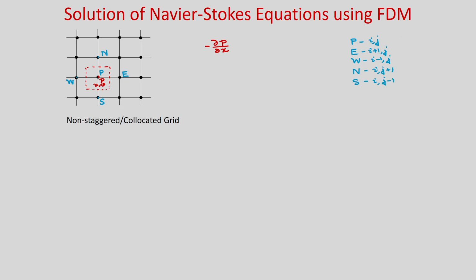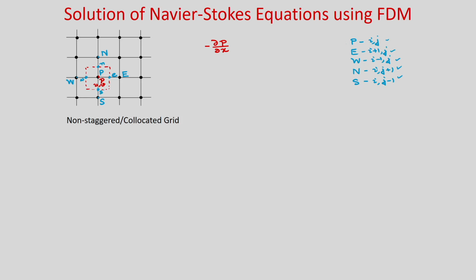We will write the discretized equation in terms of P, E, W, N, S, where those denote these indices. At the face centers, this is small e, this face center is small w, this is small n, and this face center is small s.